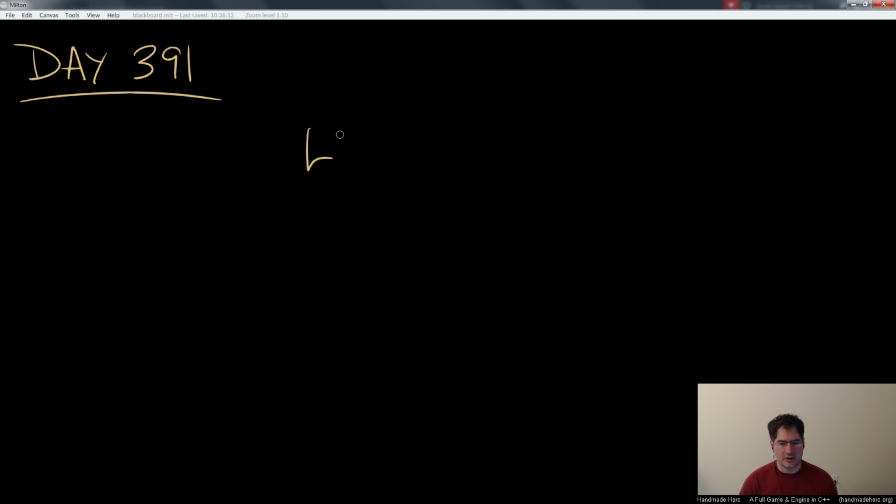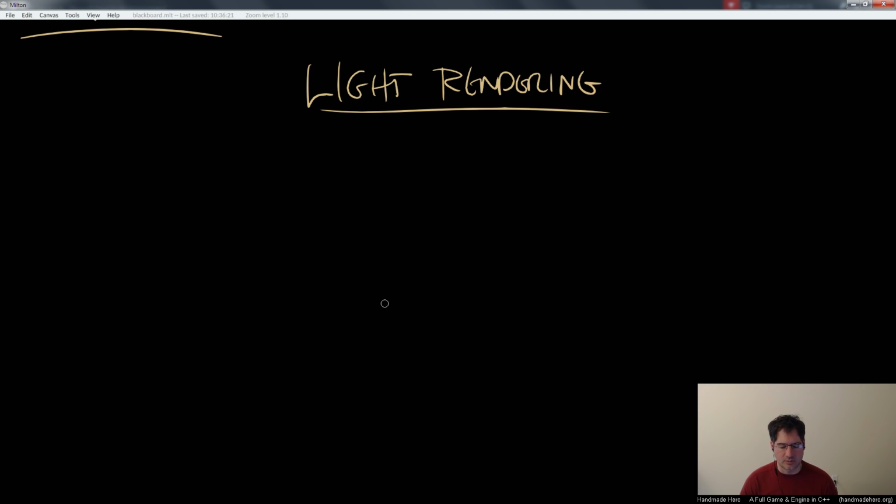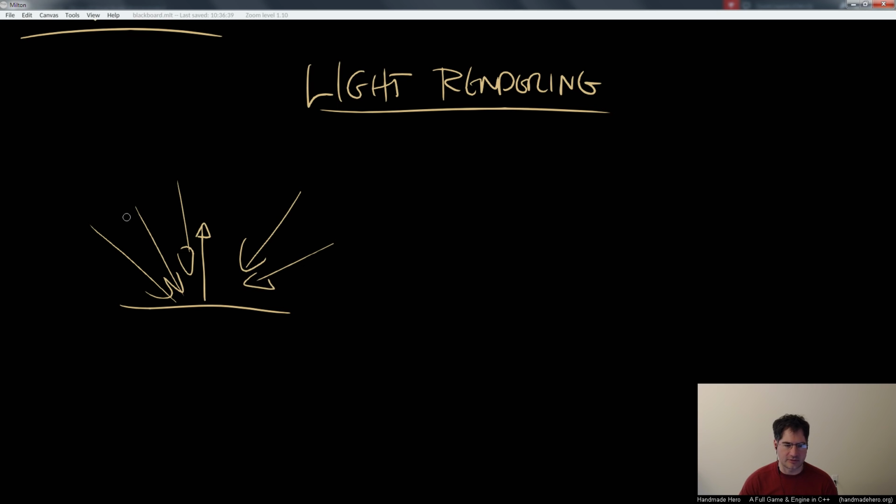So let's talk about light rendering. One of the things we haven't talked about yet is, we talked about the basics of lighting, and we had a discussion about how we have these surfaces, and the surface has a particular normal, and there's all this light incoming to the surface. All of this light is incident light on the surface, and that light is collected if the surface is not transmittive.